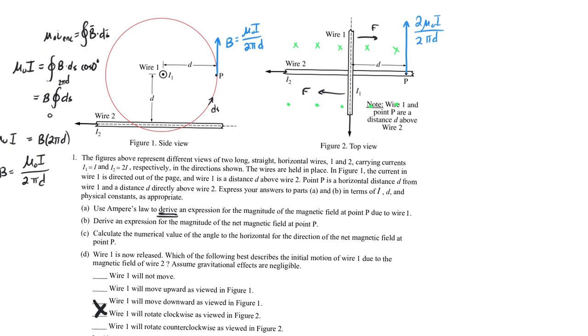No. Now, we might want to also think about this one spot here. Are there any components of the force on wire 1 that are up or down? Well, hear me out. Isn't the direction of the magnetic field right here on wire 1 this way at that instant? And the direction of the current is that way.